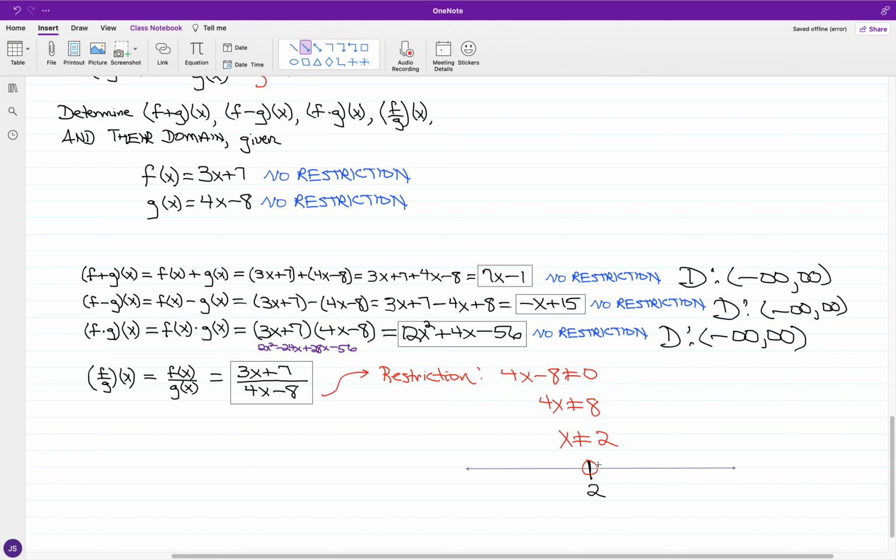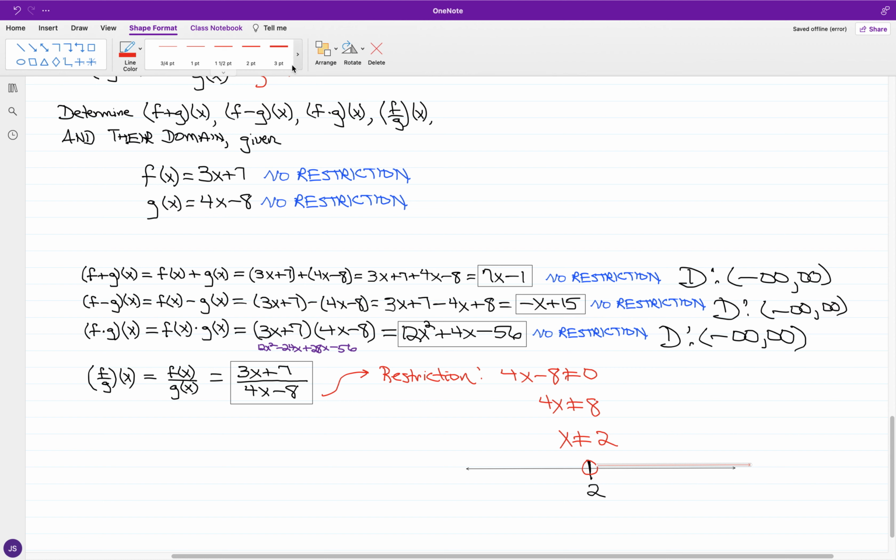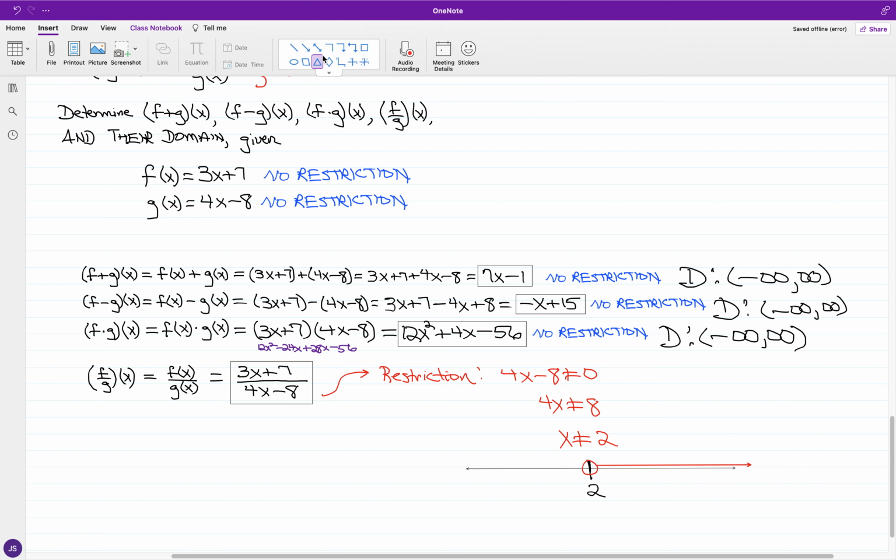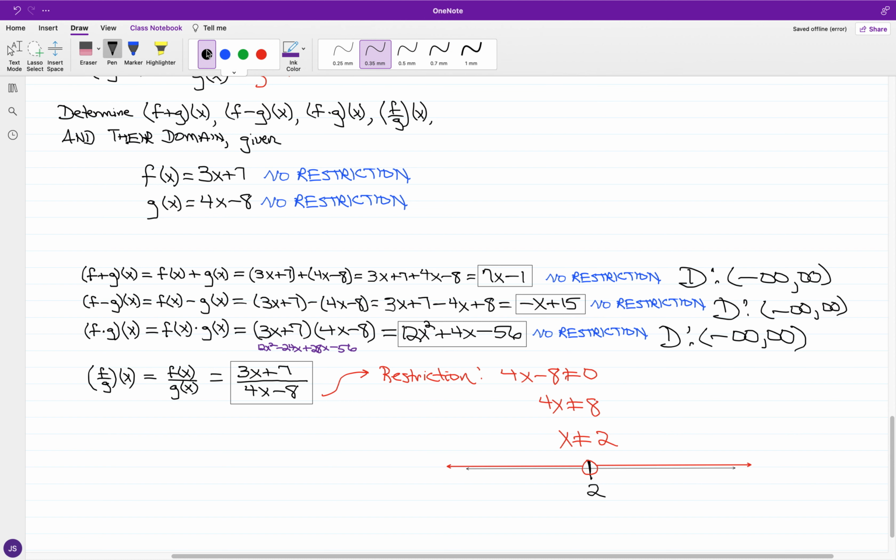But what is allowed will be those values of x greater than 2, as well as those values of x less than 2. And once again, we have continuity at opposite ends, out toward negative as well as positive infinity.